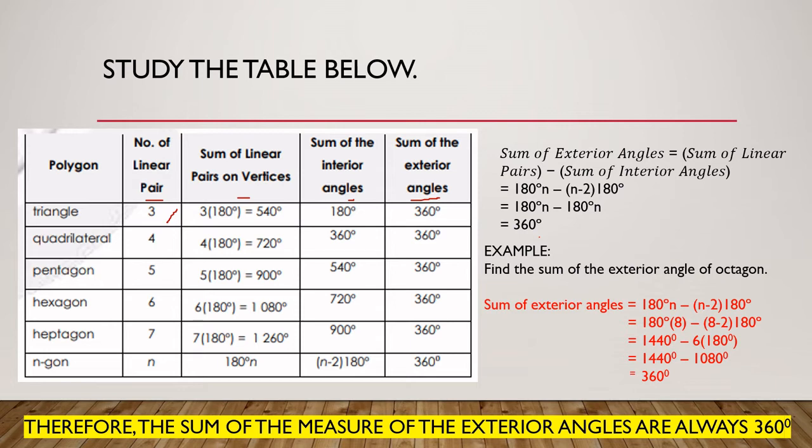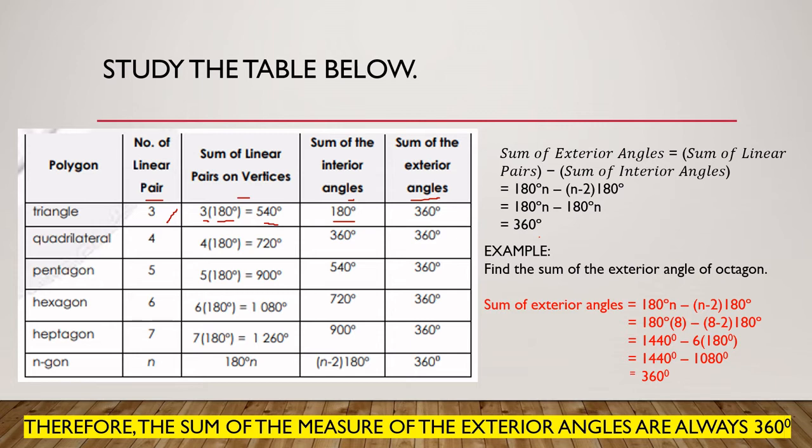So, to get the sum of linear pairs on vertices, you just multiply the number of linear pairs by the sum of the triangle. So, that is 3 times 180 degrees equals 540 degrees. Now, to get the sum of the interior angle, since this is a triangle, it is equal to 180 degrees.